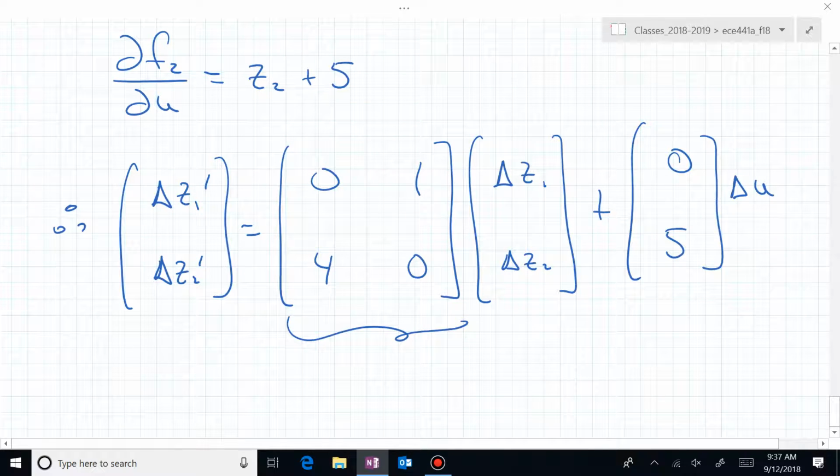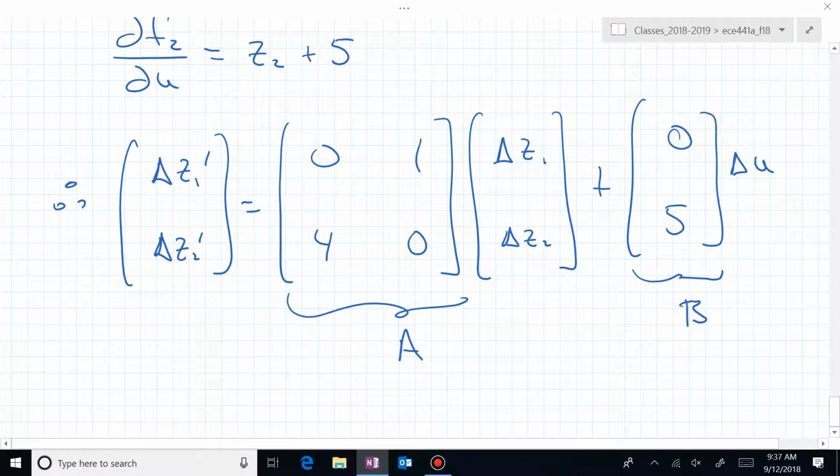This is now our system matrix A, and here is our input matrix B. And now we can start asking ourselves some questions about the dynamic behavior of this linearized system around the operating condition. We're operating around the origin.